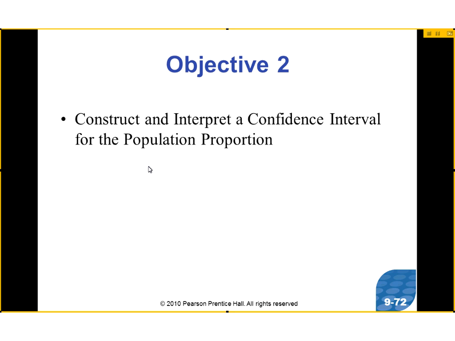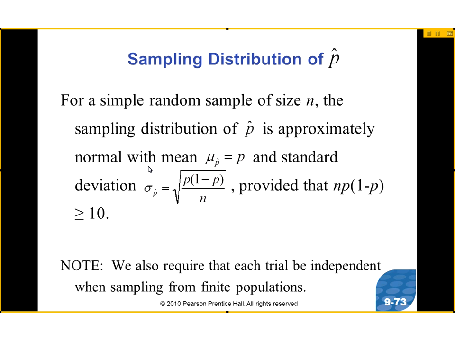So how do we construct and interpret a confidence interval for population proportion? Okay, a couple of things here. We need to assume or know the sampling distribution of p hat is approximately normal, with the mean equal to the p that we calculated previously, and the standard deviation is the square root of p hat times 1 minus p hat over n.